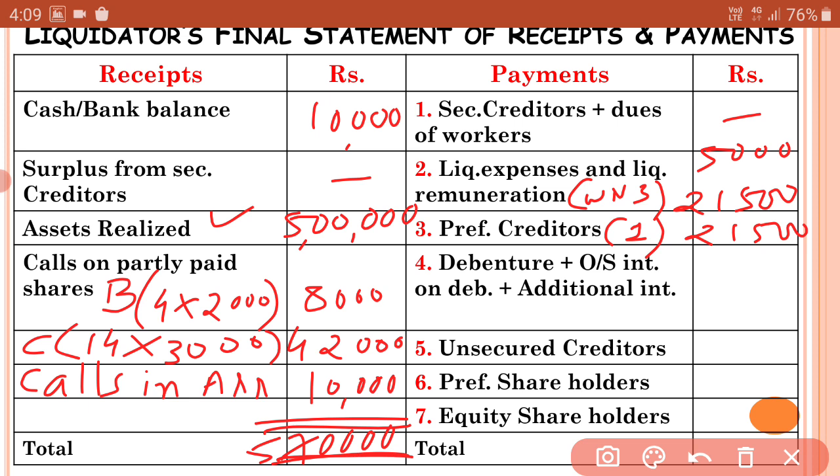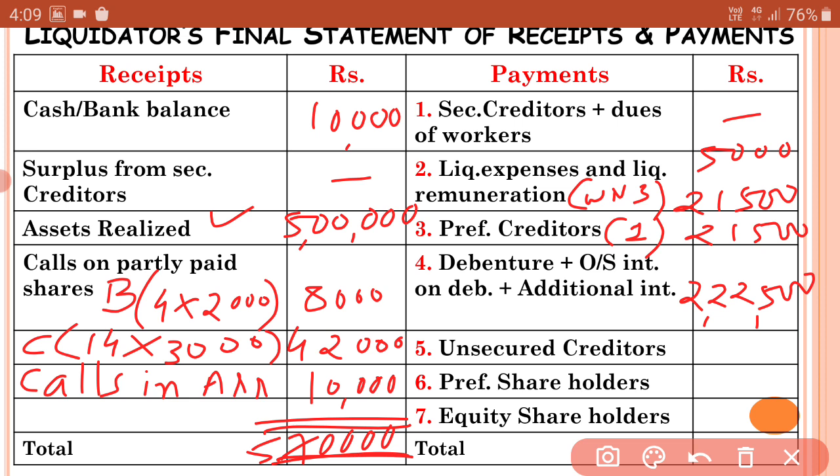In the working note 1, 21,500 preferential creditors. Then debenture plus outstanding interest on debenture and additional interest on debentures. I think the total is 2,22,500 in the working note 5.